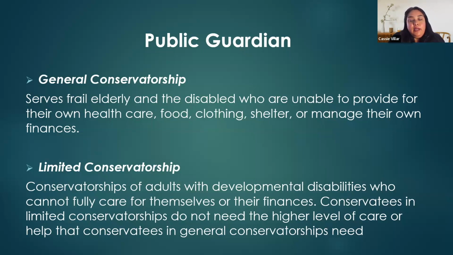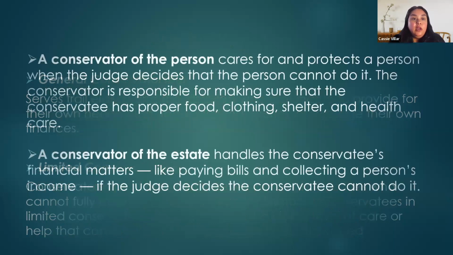It can be customized to the individual, because it's all about having them live as independently as they can. So a conservatee can have somebody manage their finances, but it's typically not as strict as a general one, because they're two different populations.